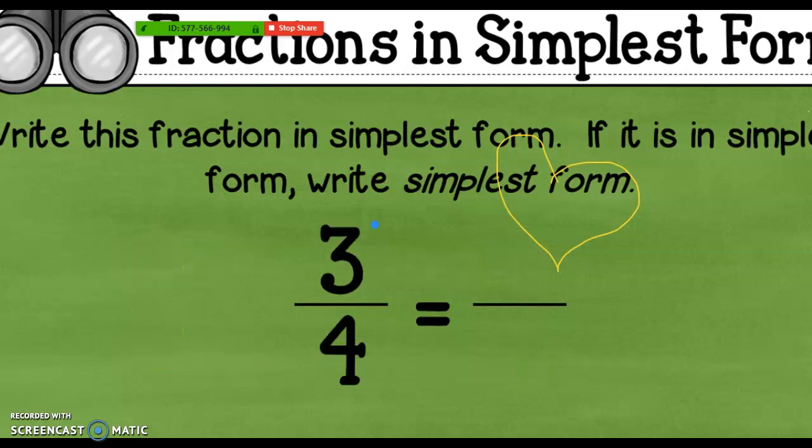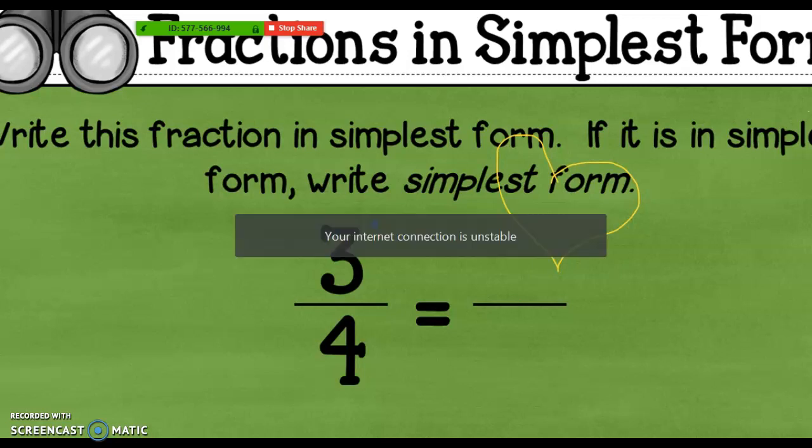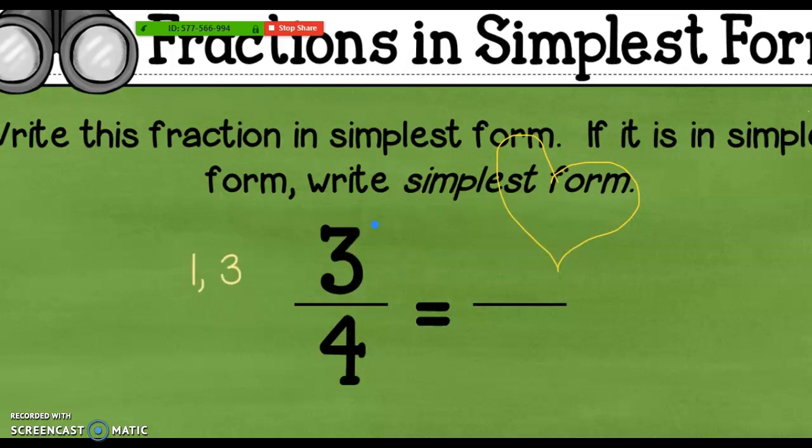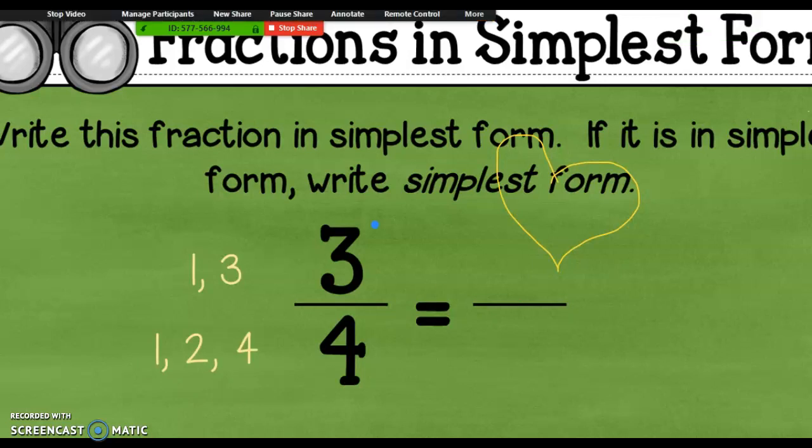Next one, 3. Antonia, give me the factors of 3. Okay, perfect. And Antonia, give me the factors of 4. 1, 2, 4. Perfect. Now what's the next step? Yep, the greatest common factor, yes.